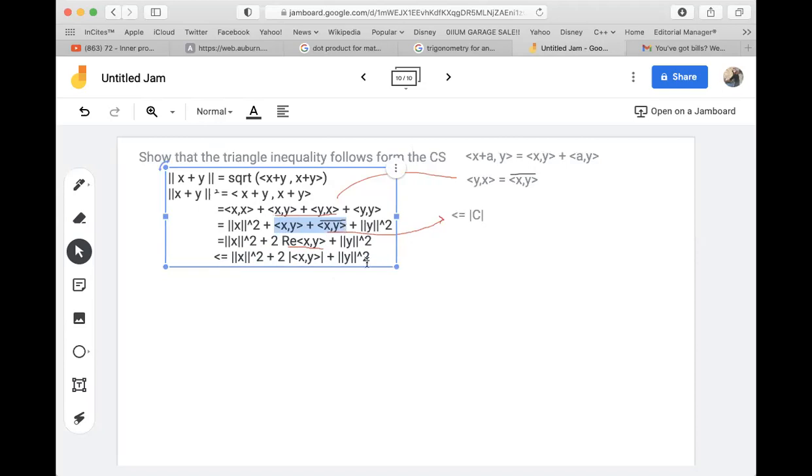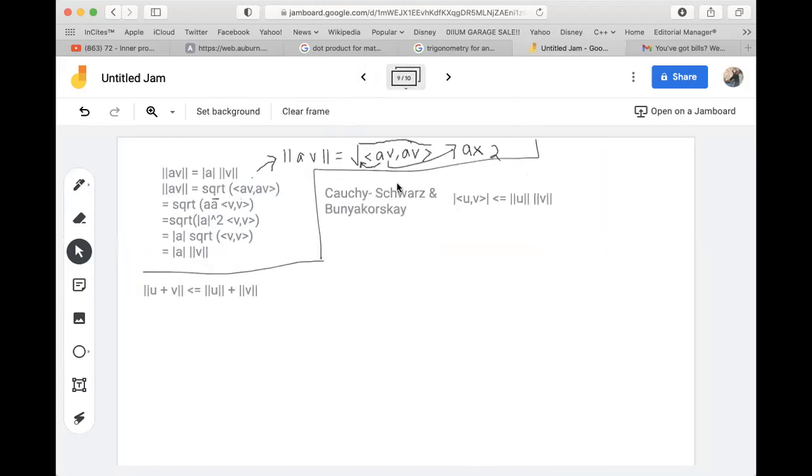Okay, then from here we can start to use our Cauchy-Schwarz. Just now Cauchy-Schwarz says that the modulus of the inner product of u, v is less or equal to the norm u times norm v here.